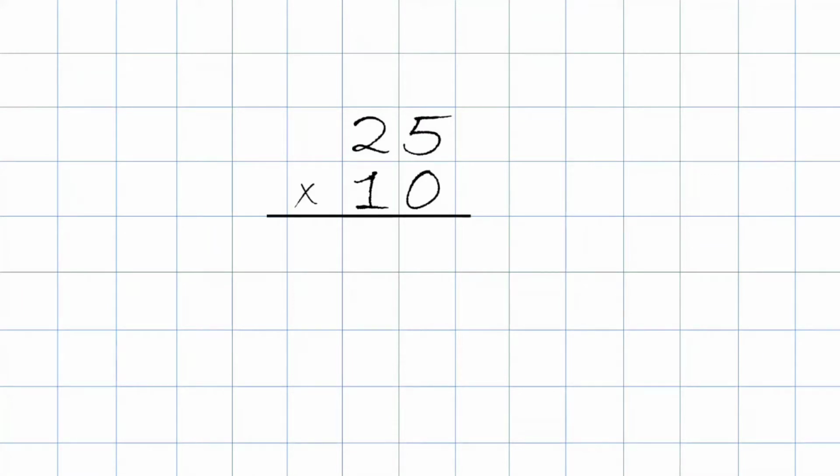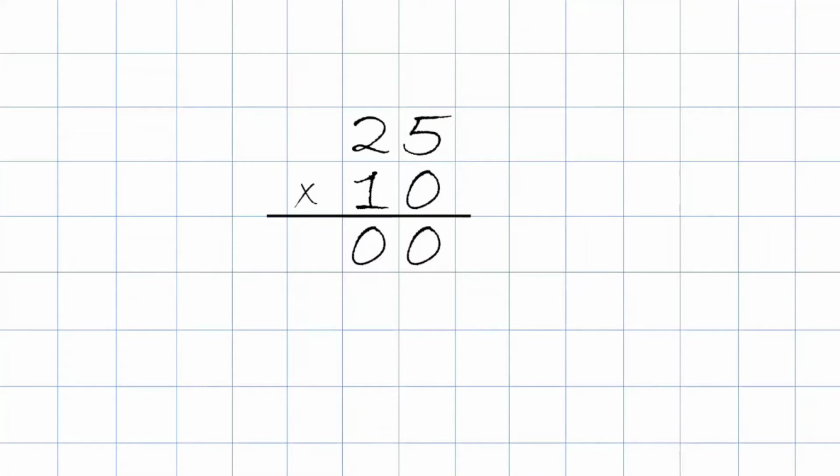To learn how we do the system, the first thing we do is take 0 times 5, and then we're going to take 0 times 2. When we take 0 times 5, the answer is 0. When we take 0 times 2, the answer will also be 0.